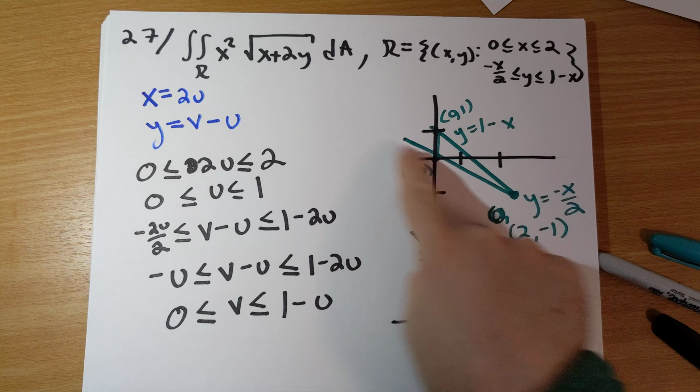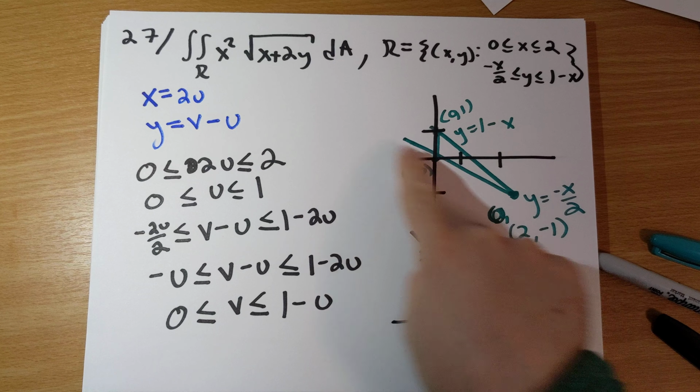We need the Jacobian here. So the Jacobian of our transformation, I'll call the transformation G here, is going to be the following determinant of partial derivatives.